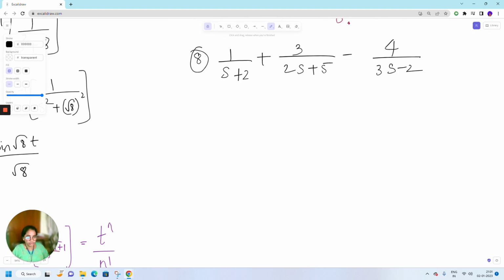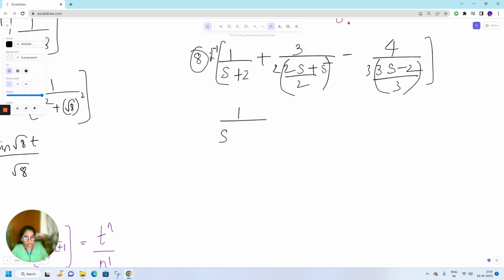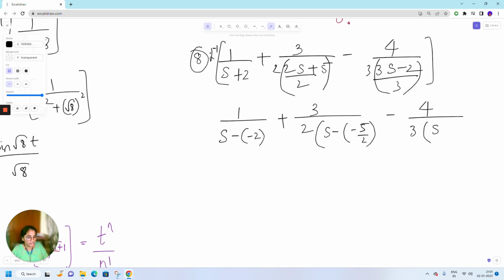So what I'll do, for the Laplace inverse of this given question, I'll multiply and divide it with 2. Here, I'll multiply and divide it with 3. What would I get? 1 divided by s minus of minus 2 plus 3 divided by 2 into s minus of minus 5 by 2 minus 4 divided by 3 into s minus 2 by 3.